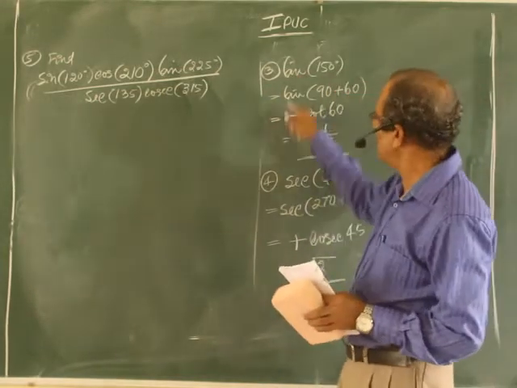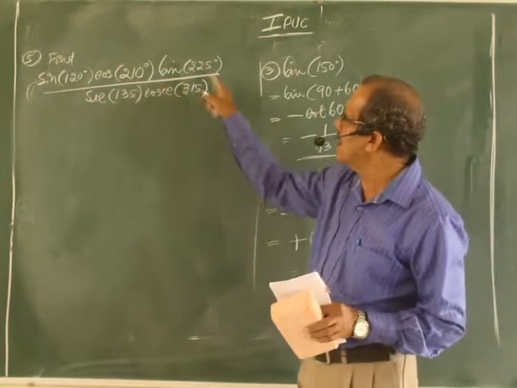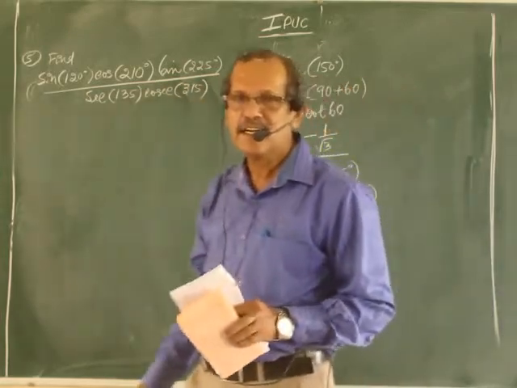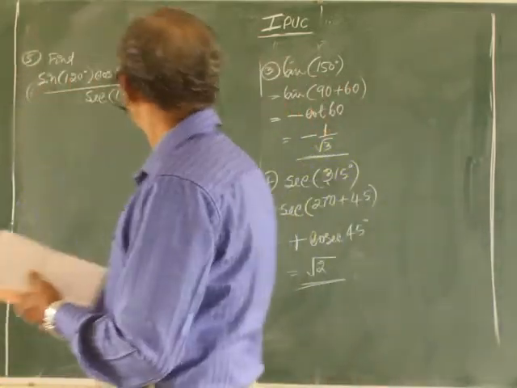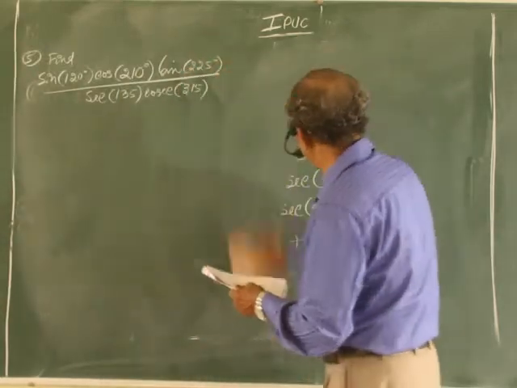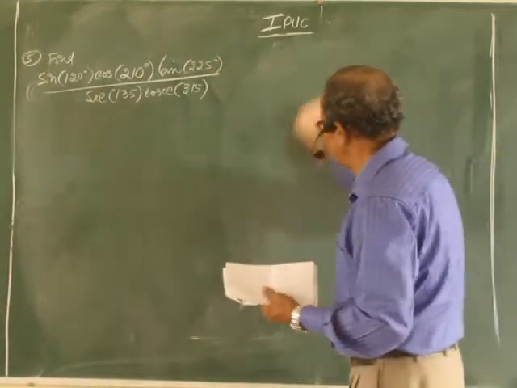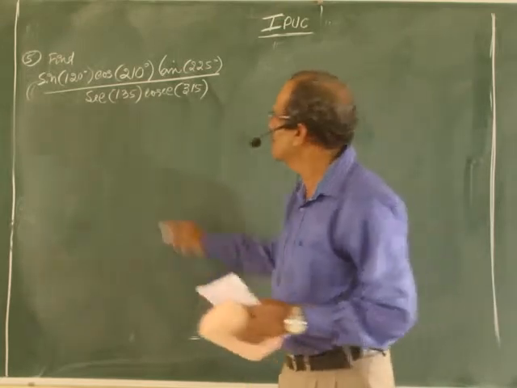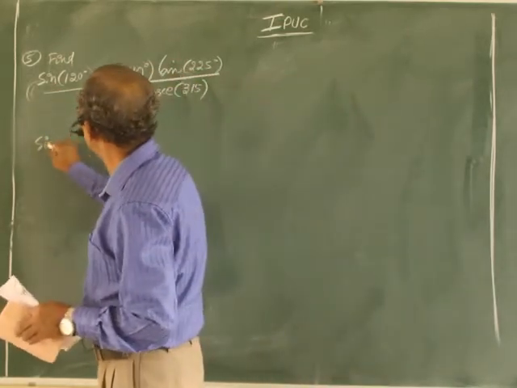Instead of giving one by one, there are actually 5 allied angles given together. Find the value of each and every one separately, then fill up the equation. So let me start with this. Sin 120.